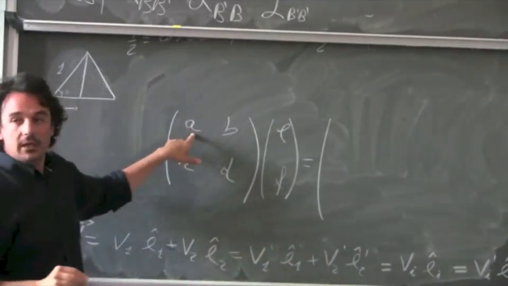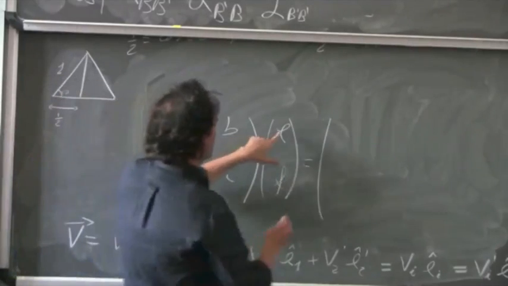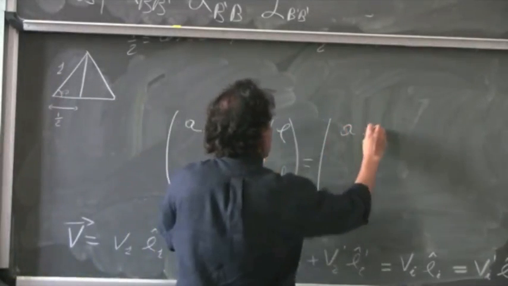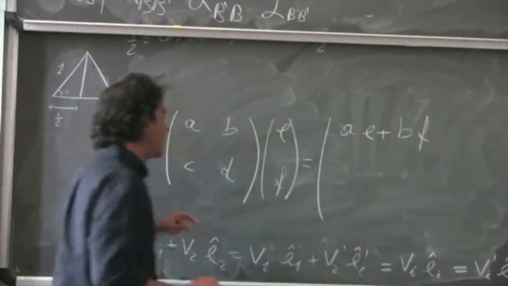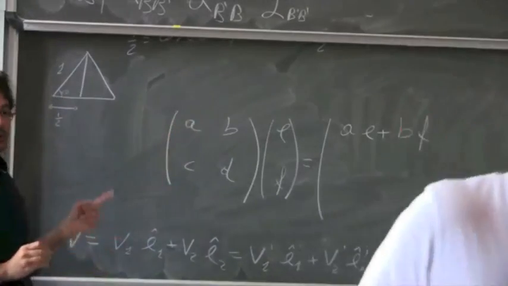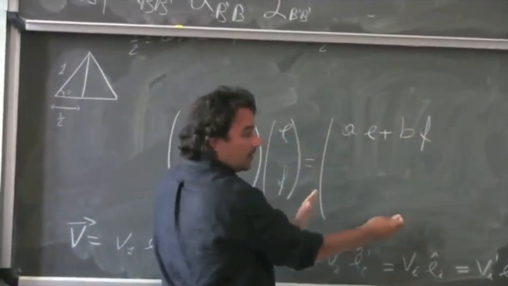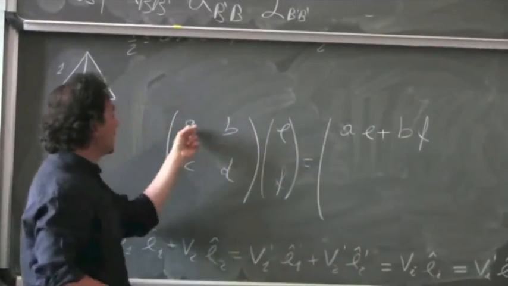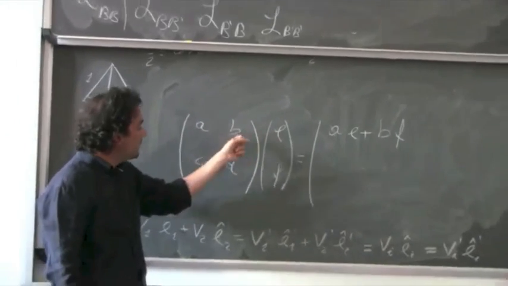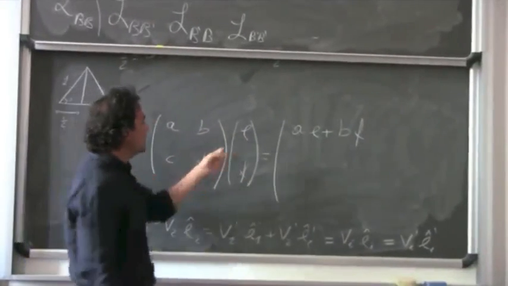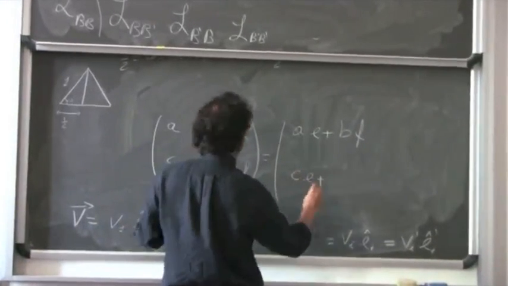You have to do the row by column rule. It's A, E plus B, F. This is the first component of the second column. This is the first column. We have another column. The first component is A, E plus B, F. And the second, C, E plus B, F.